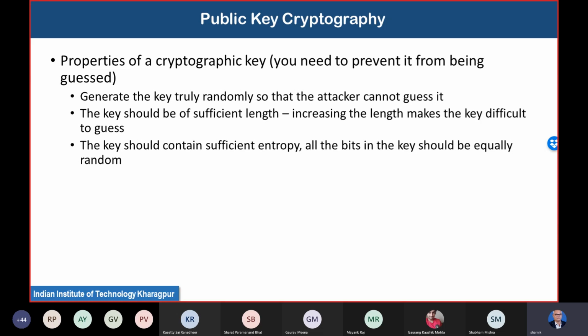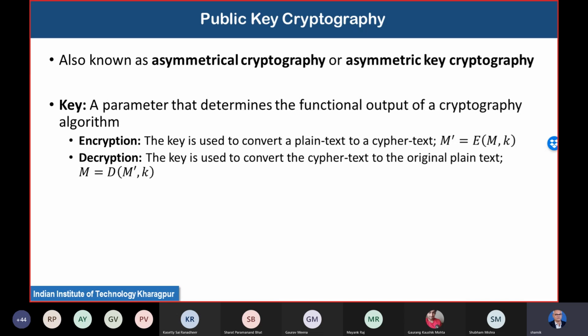Another important concept we have to keep in mind is that the security of the whole system is dependent on the fact that the key is not known to anyone, specifically to the attacker. The key is only known to the person who possesses it. And we'll see for public key cryptography who else can know which key. The algorithm for actually encrypting a message with the key is well known, and everybody knows that.